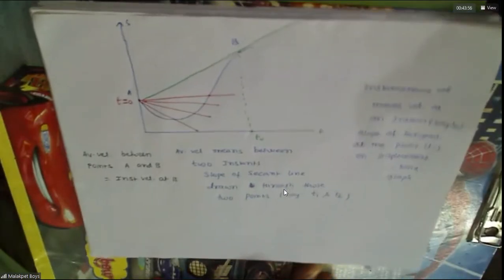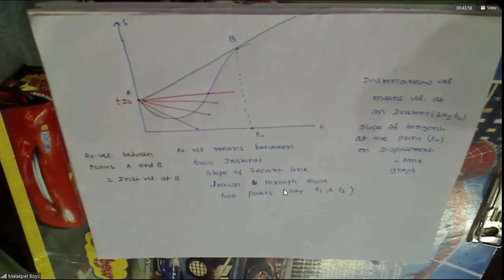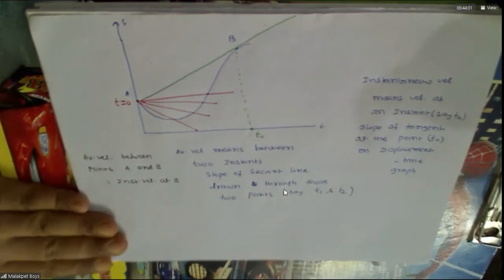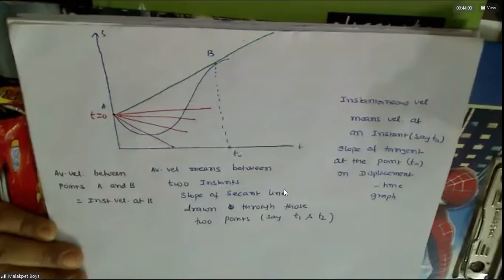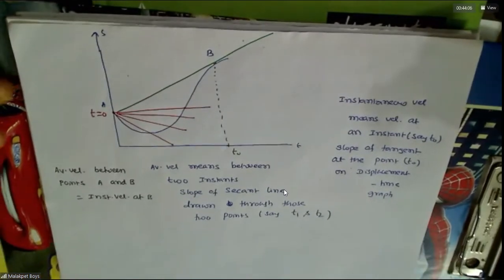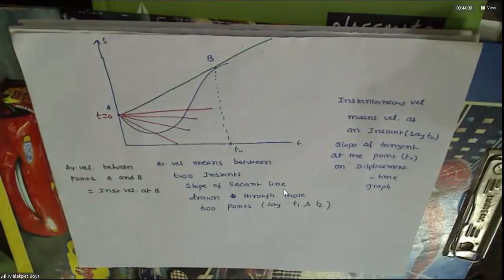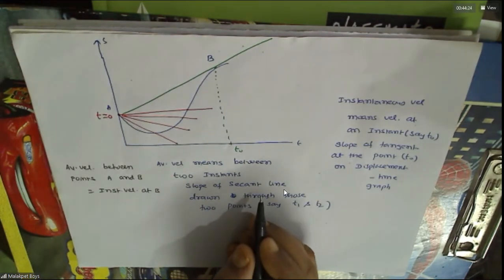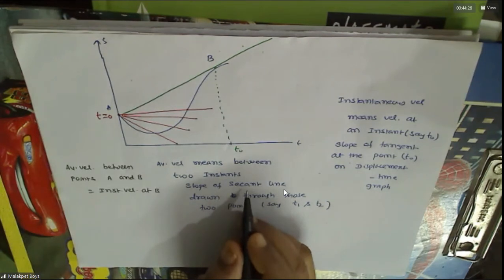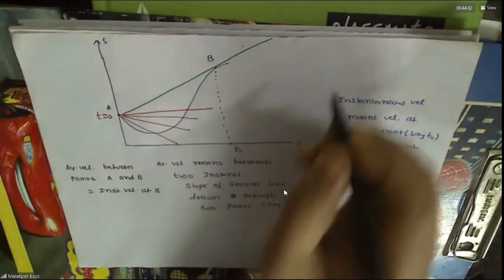One doubt, sir. What is the meaning of secant line, sir? A secant line means a line which passes through 2 points on a curve.